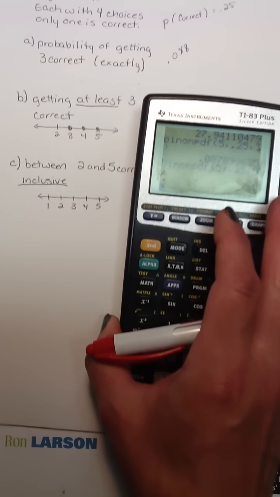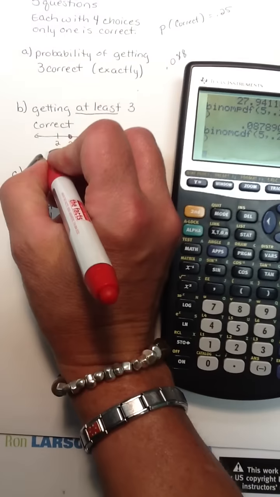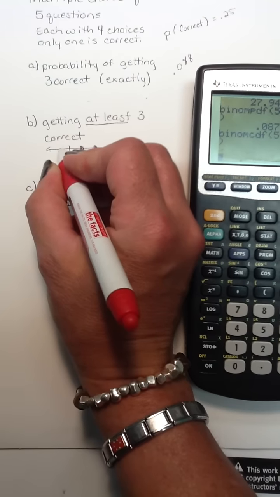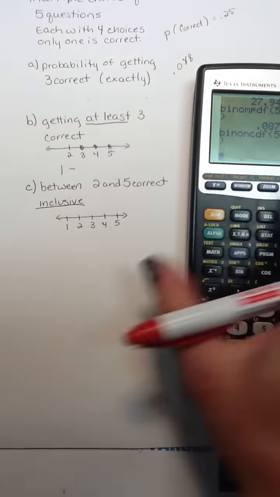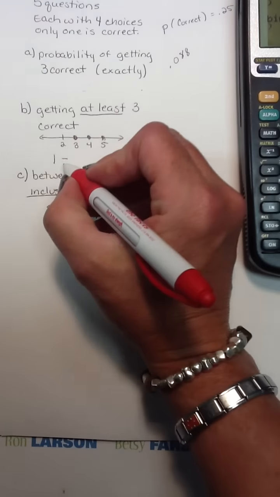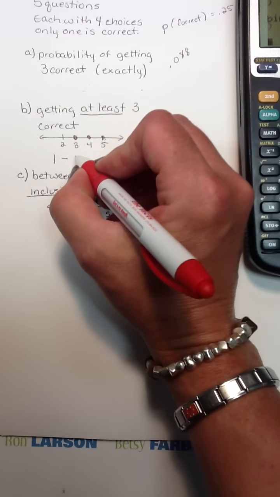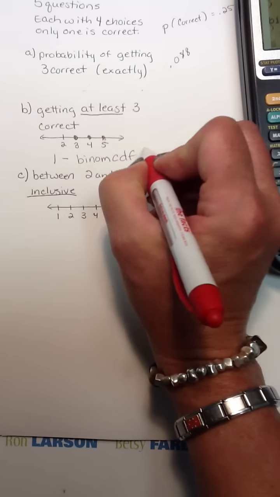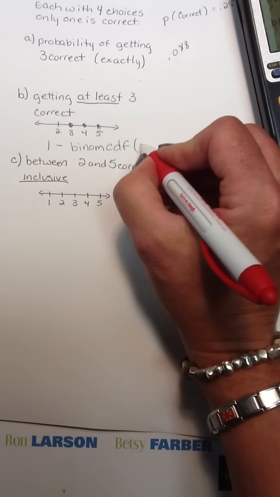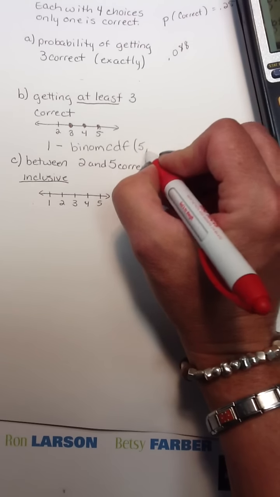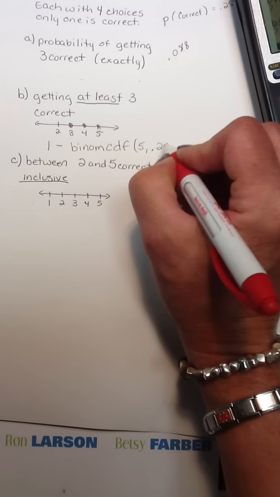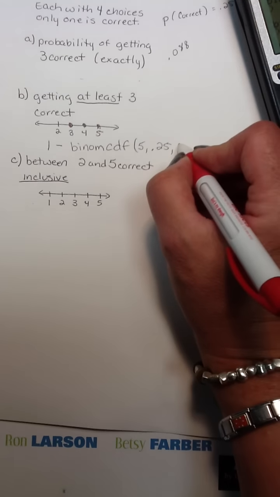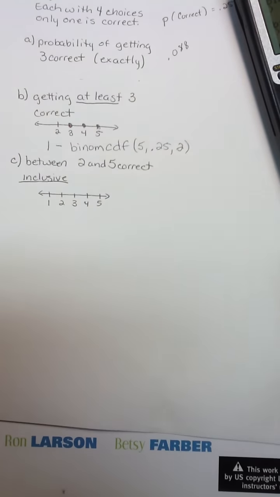So what I'm going to do is I'm going to take that 1 minus the probability of 2, 1, and 0. So I'm going to do the probability involving 1 minus binomial CDF of my n value of 5, my probability of 0.25, and 2 and below. So 2 and below.